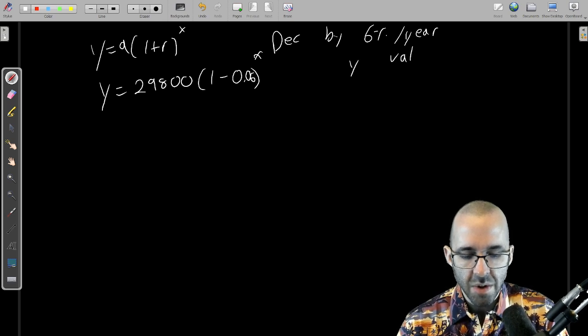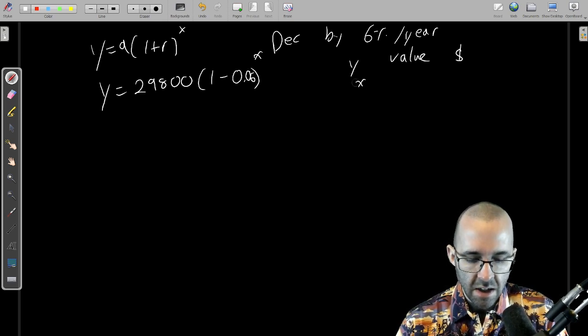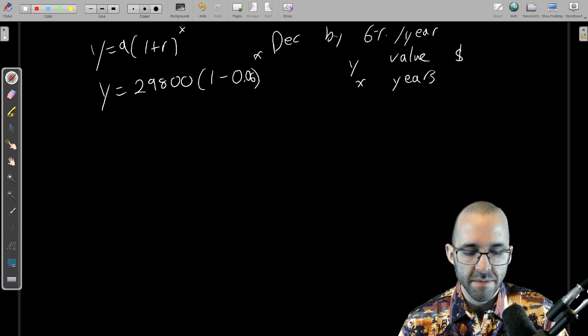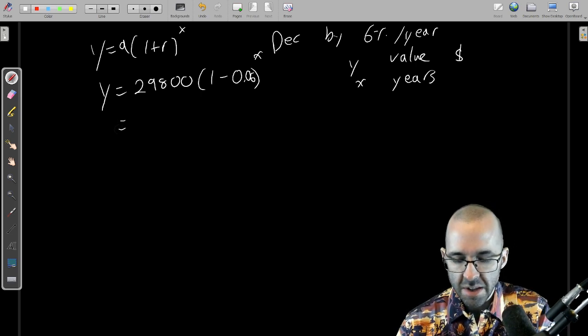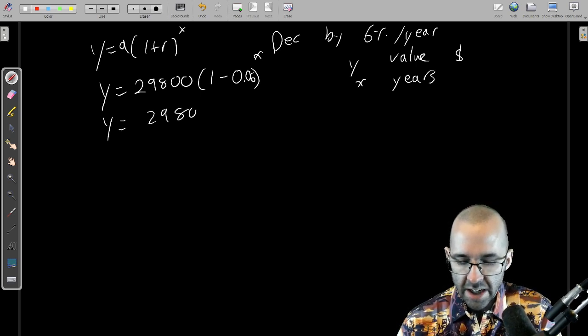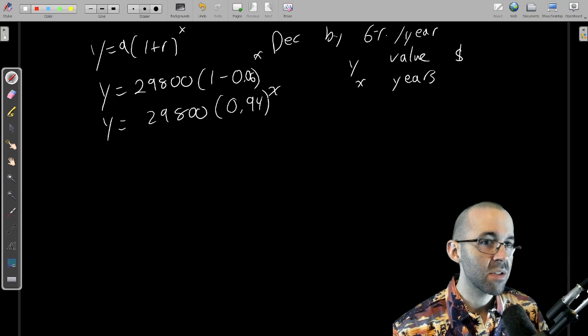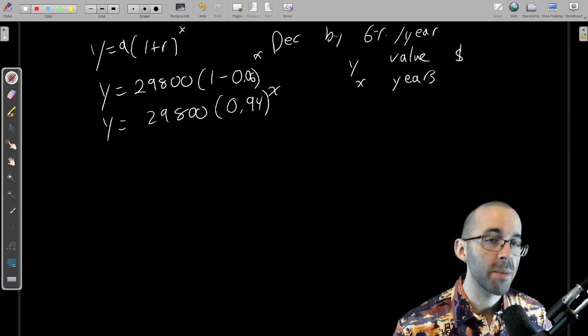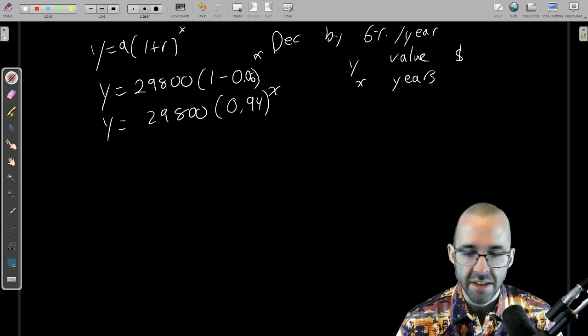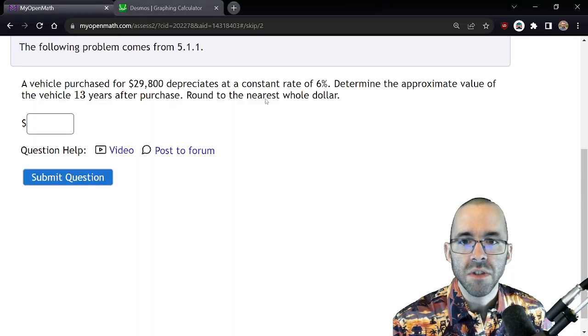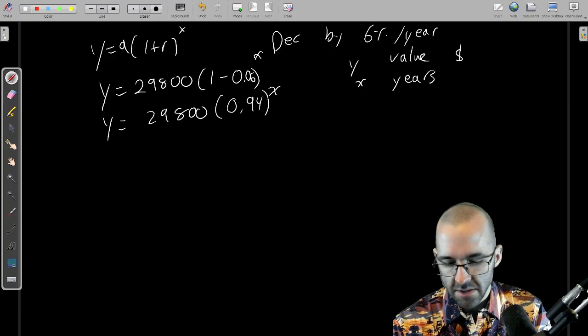So y is the value in dollars. x is number of years we've had it. So if we simplify this, we get 29,800 times 0.94 to the x. Decreasing by 6% means we're multiplying by 94%. All right, checks out. And we want to know after 13 years.